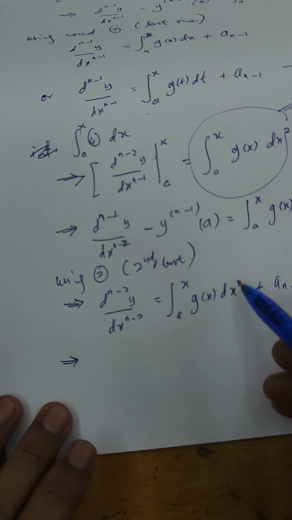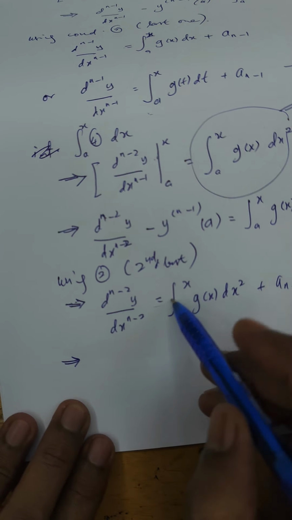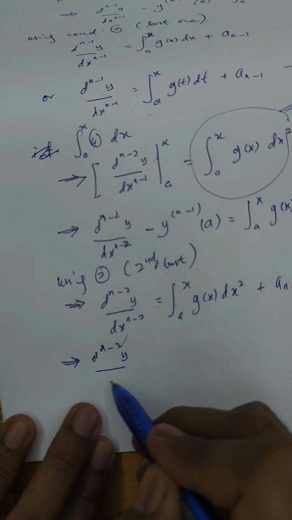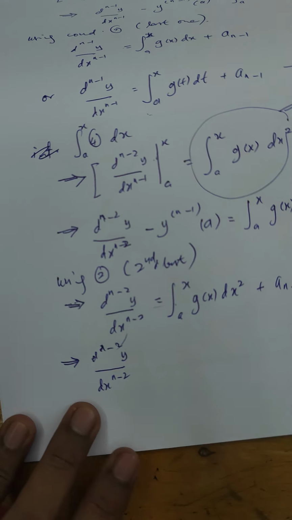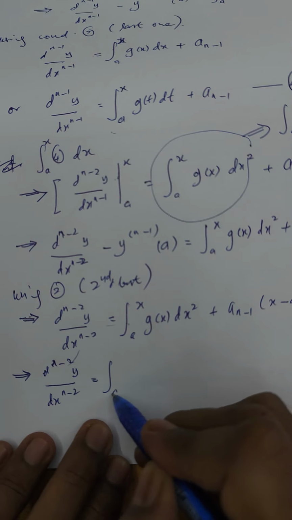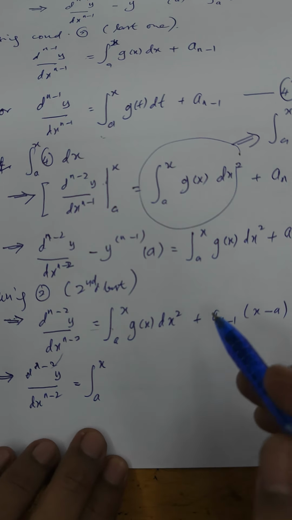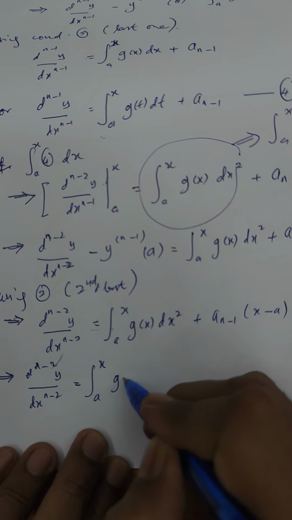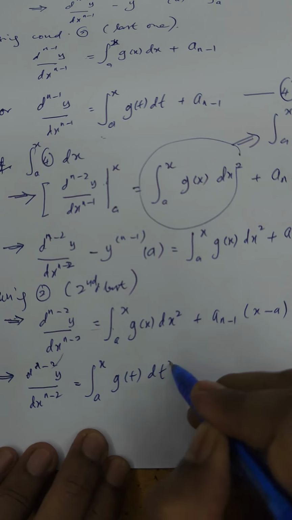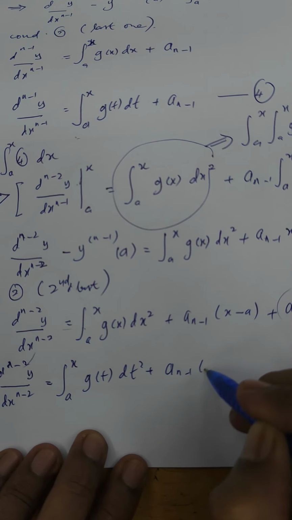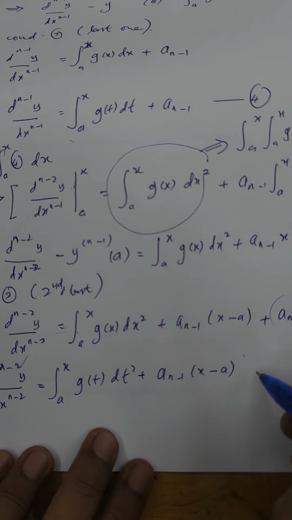That gives us d^(n-2)y/dx^(n-2) equal to the integral from a to x of g(t) dt squared plus a_(n-1)(x minus a) plus a_(n-2).